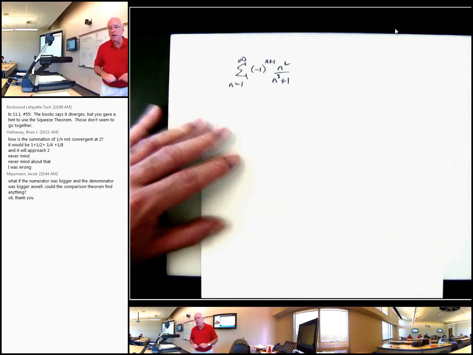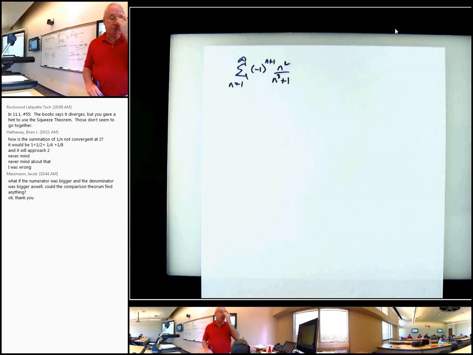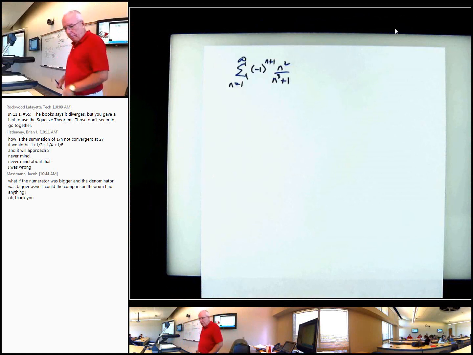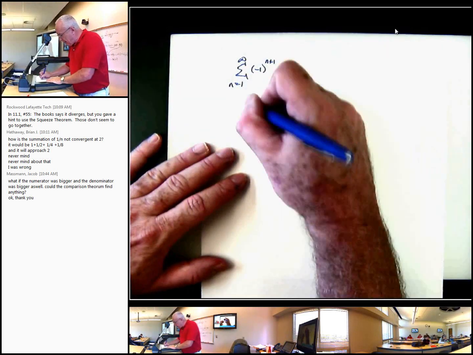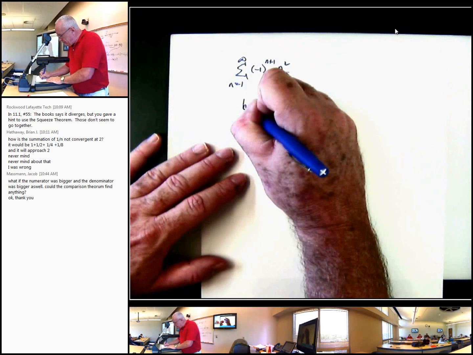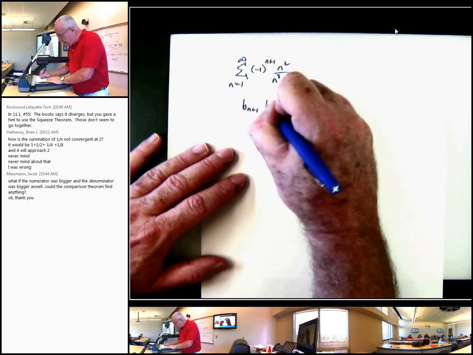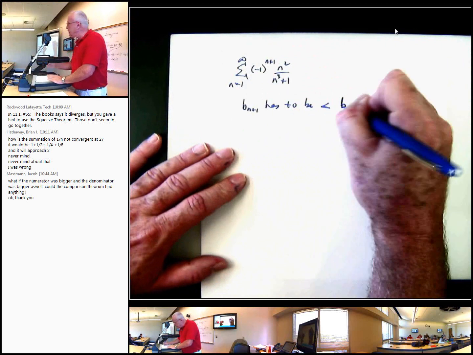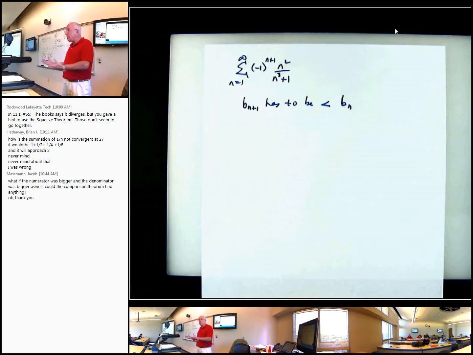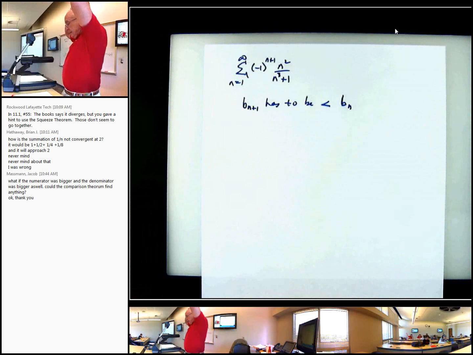We want to find out if it converges or not. Remember, b sub n plus 1 has to be less than the preceding term. That's to meet the criteria of the test. Now, it's not immediately evident to me.